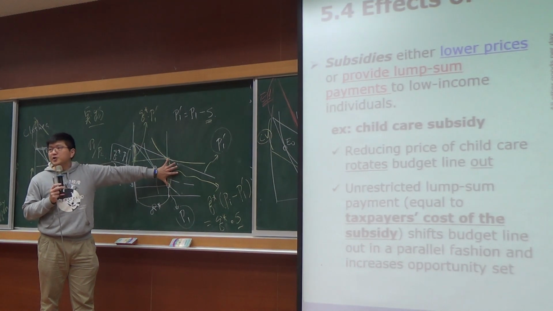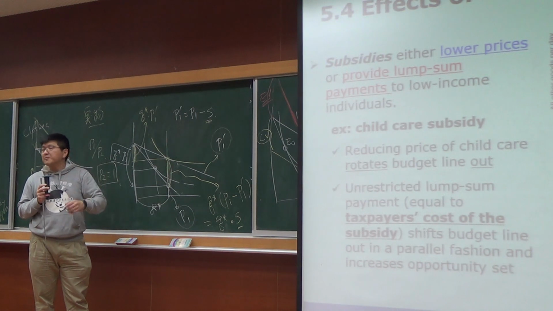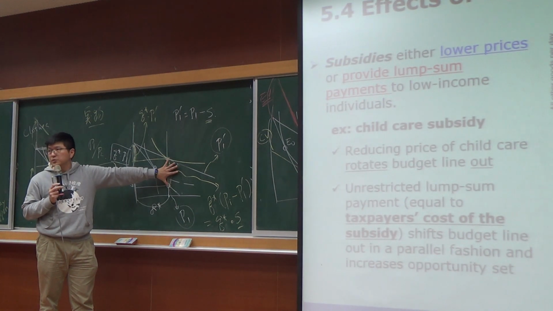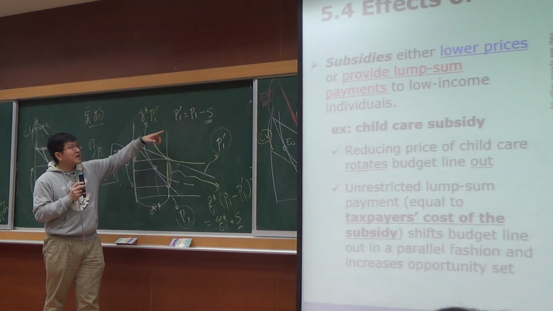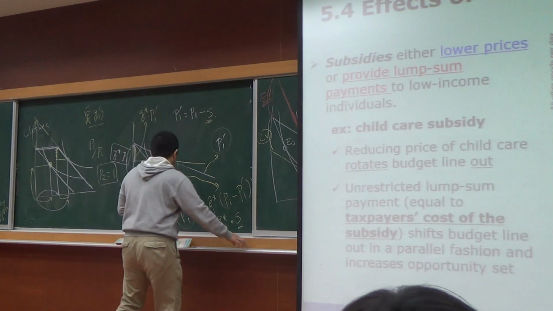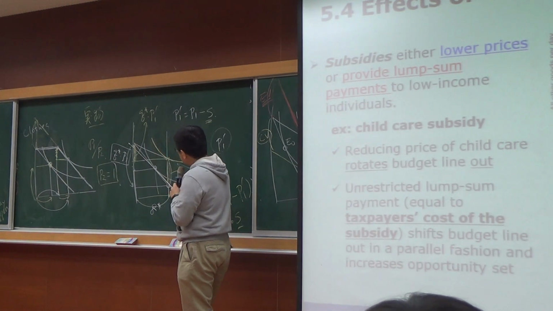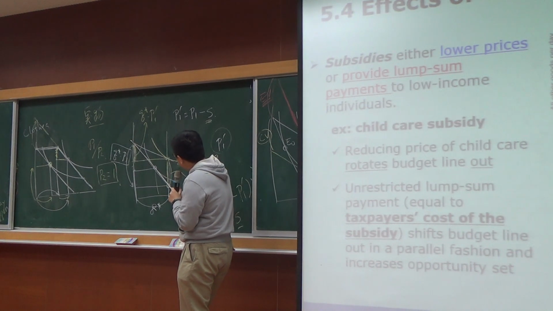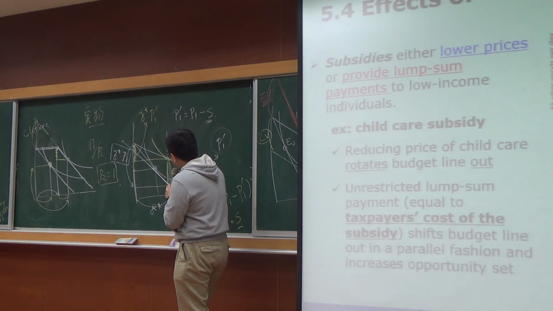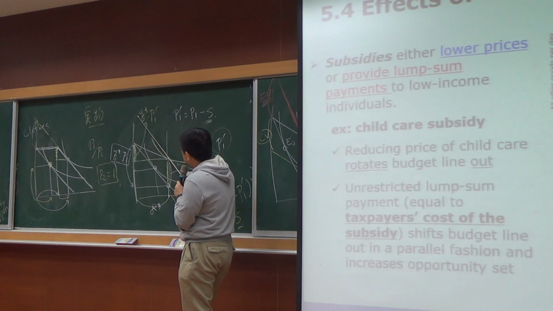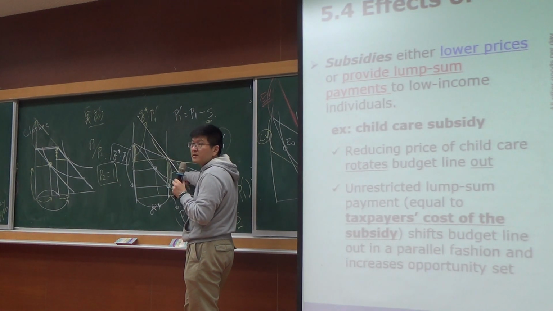So if I just give you a lump sum payment, I just transfer cash to you rather than subsidize the childcare price, what would happen? This is your initial budget line. I give you this much money, so your budget just shifts up to here, right?